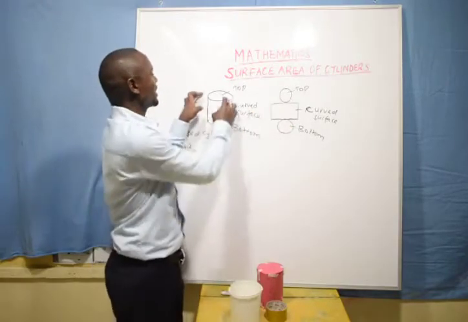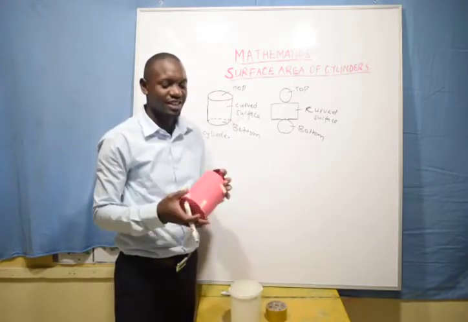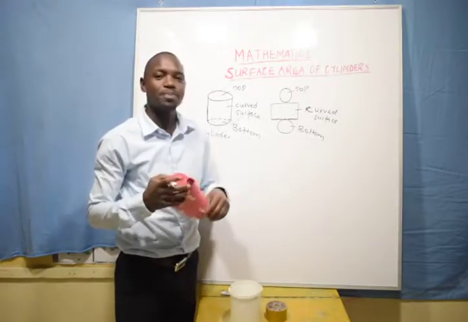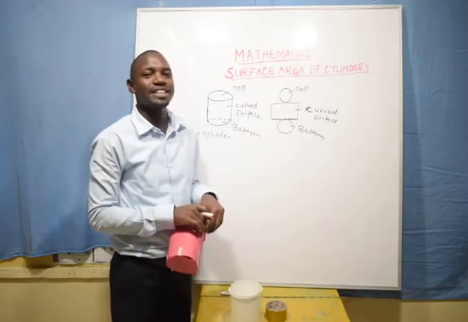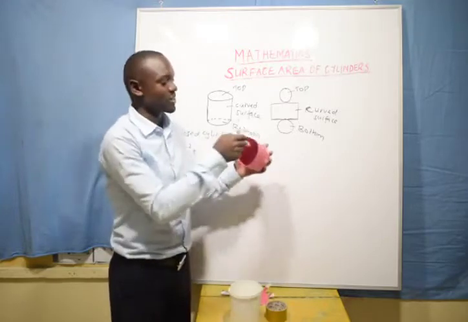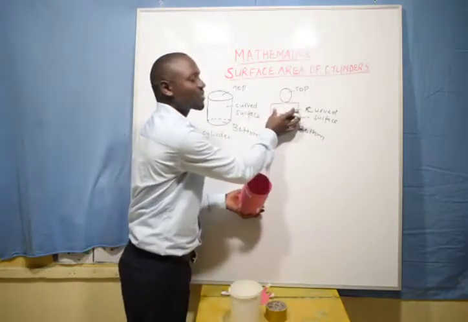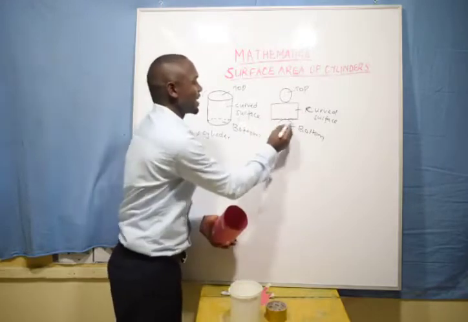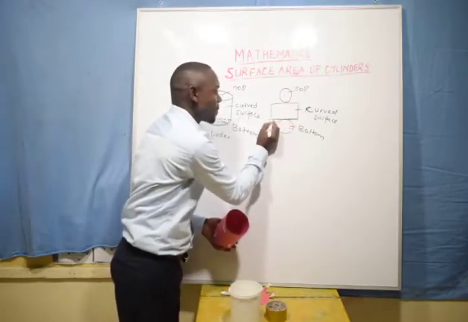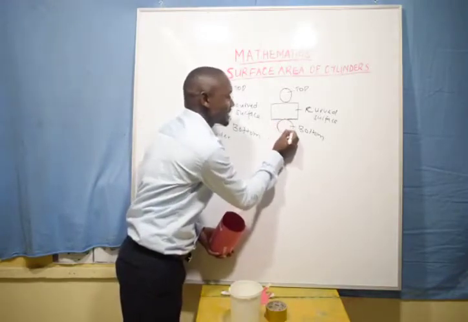Initially it was circular in shape, and once it is opened, it will form a rectangular face like this. So the length of this rectangular part is the circumference of this part here.